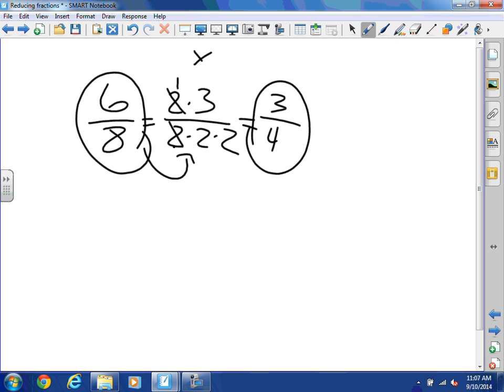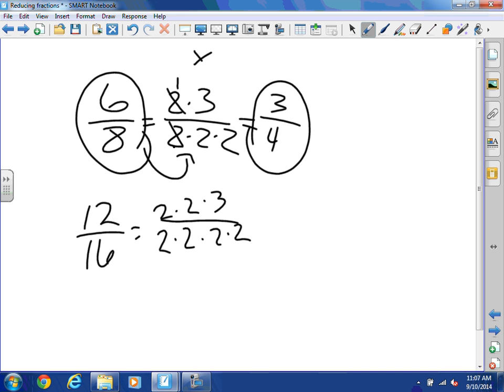Does everyone understand what I just did? Yes. Question? It's like dividing 6, 8 by 2. You're right. So let's look at this one. Let's look at 12 sixteenths. Now 12 is 2 times 2 times 3. 12 is 4 times 3. 4 is 2 times 2, right? 16 is 4 times 4, and 4 is 2 times 2. So this is 2 times 2 times 2 times 2. What's 2 divided by 2? 1. 2 divided by 2? 1.